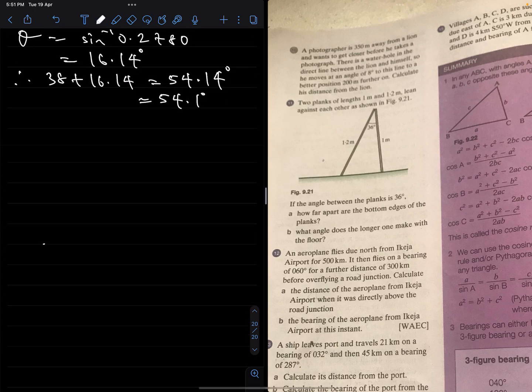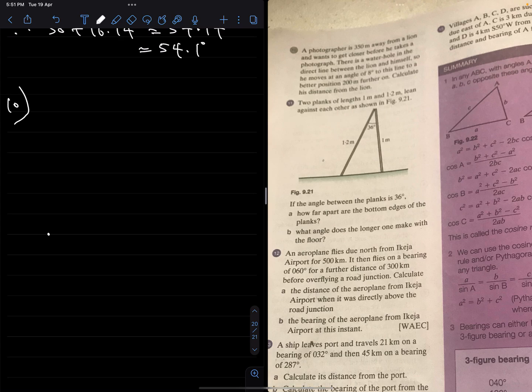Let me assume this is where the photographer is. If the photographer is here and the lion is here, then the distance between them is 350 meters, and he wants to move closer to the lion, so he moves at an angle of 8 degrees to the water hole in the direct line between himself and the lion.